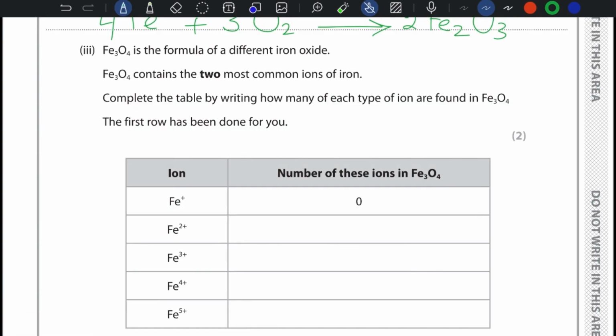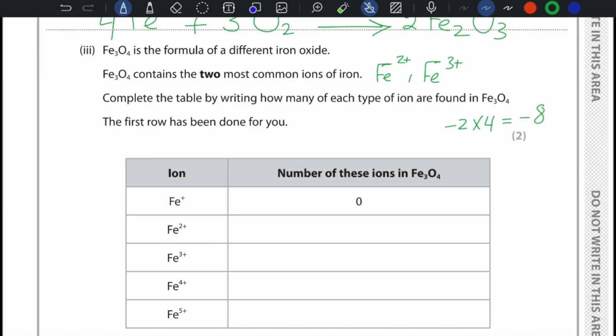Fe3O4 is the formula of a different iron oxide. Fe3O4 contains the 2 most common ions of iron. You know the most common ions of iron, Fe positive 2 and Fe positive 3. Complete the table by writing how many of each type of ion are found in Fe3O4. Remember that for oxygen, minus 2 multiplied by 4 is equal to minus 8.